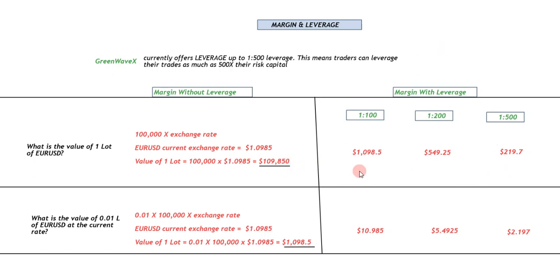That means you are borrowing over $109,600 from your broker to take charge of one standard lot. And when you come down even to the micro lot, which is 0.01, with 1 to 500, instead of paying nearly $1,100, with just $2.2 you can take charge of that as well.